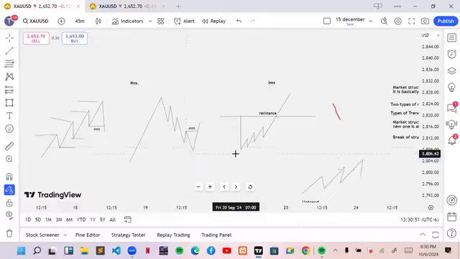So this is the break of structure for an upside, and then this one should be a break of structure for the downside.